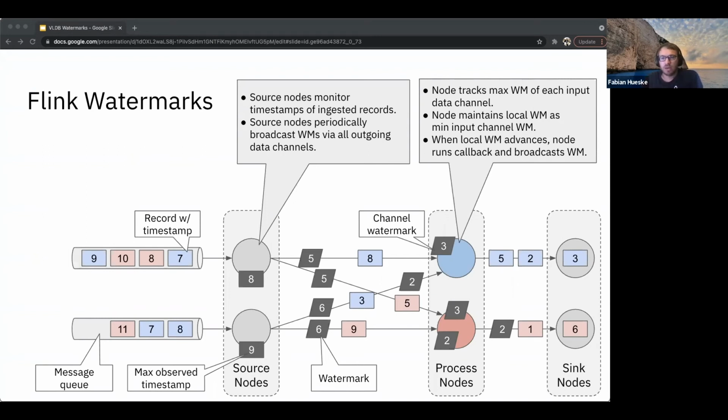They are inlined in the data channels and don't overtake the records, and the nodes that receive the watermarks have to aggregate them themselves. So basically each operator is doing the aggregation job for which Cloud Dataflow uses a separate service.